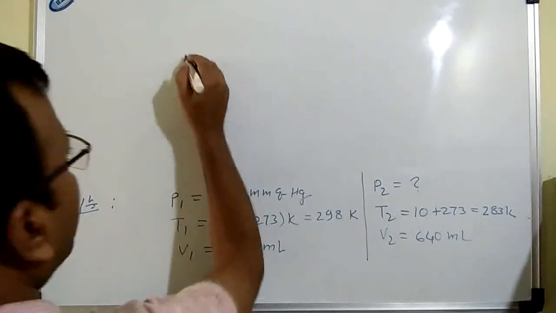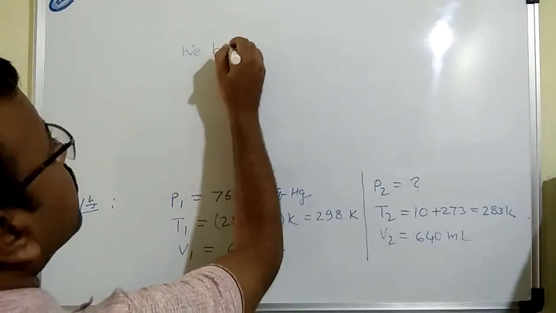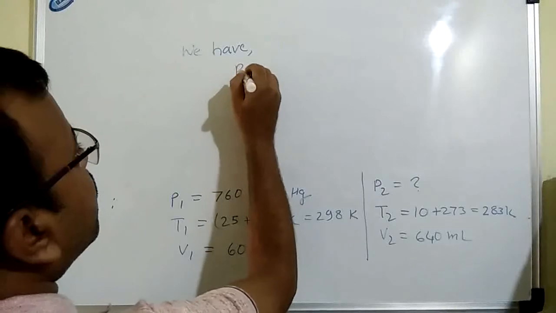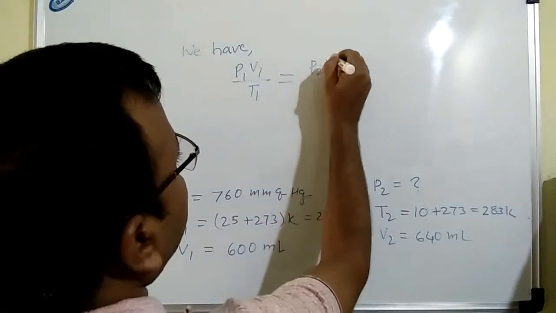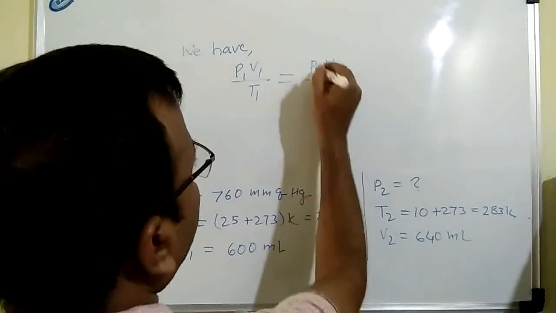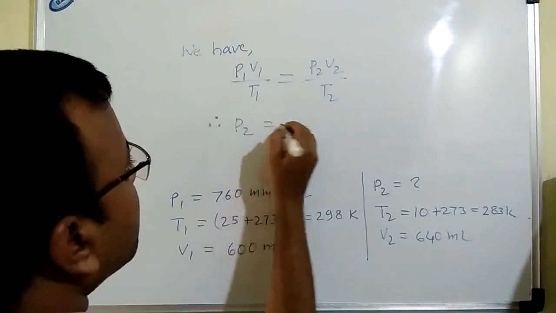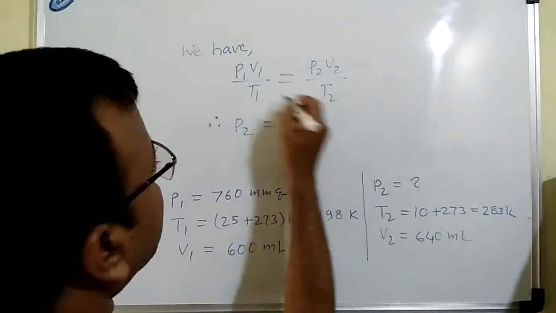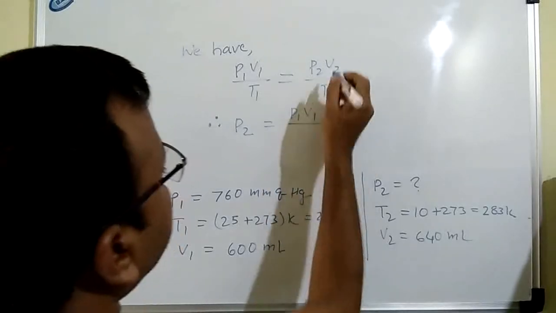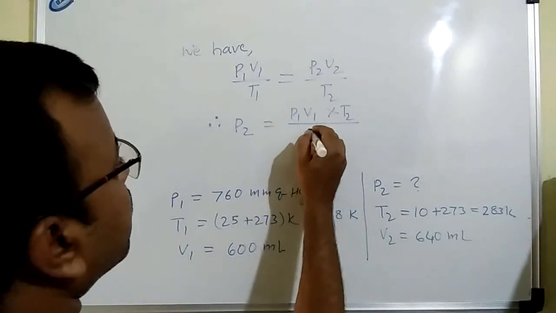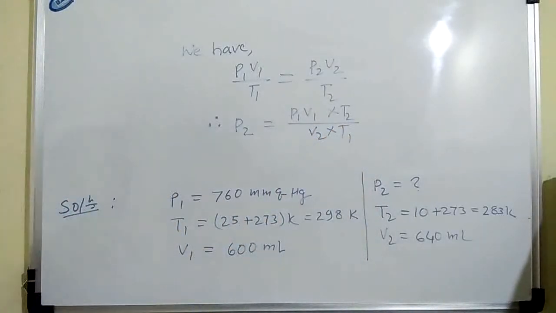So we will use the formula P1 V1 by T1 is equal to P2 V2 by T2, and we have to calculate P2. Therefore P2 is equal to P1 V1 into T2 divided by V2 into T1.